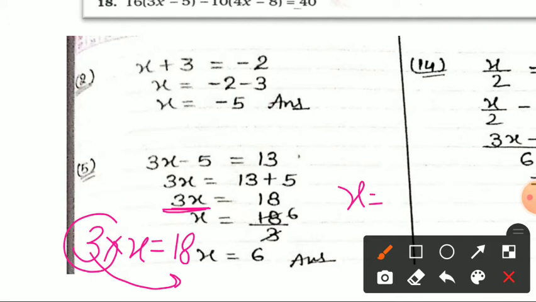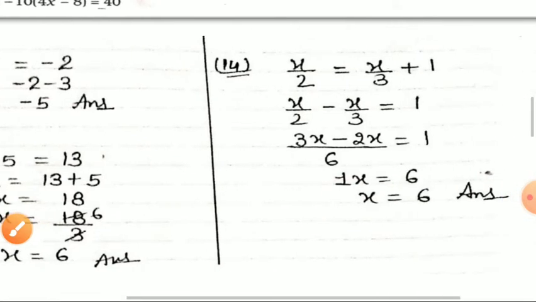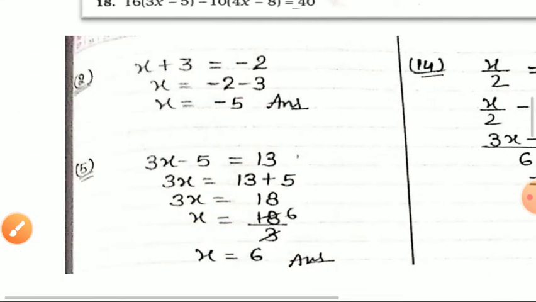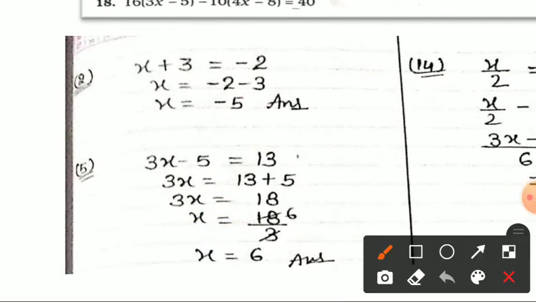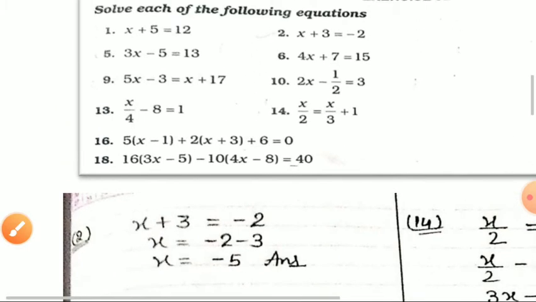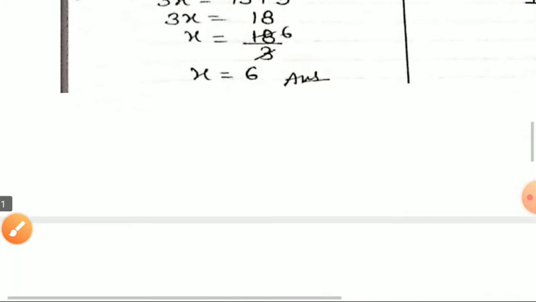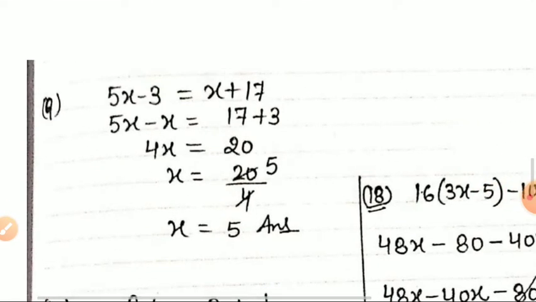So x equals 18 upon 3, which is 6. So it's very clear that we have to shift the terms one by one. Please don't shift the 3 first, because the 5 is shifted before the variable term's coefficient. First negative 5 becomes positive 5 and then 3 comes across and divides. So solve stepwise.